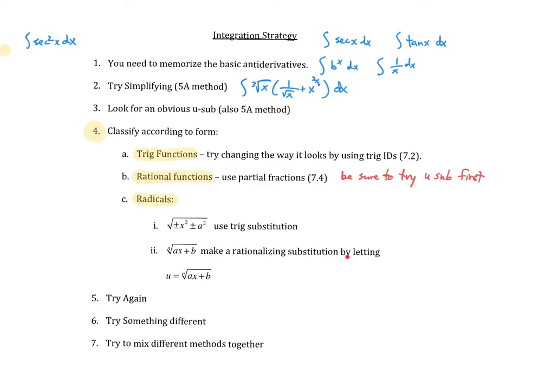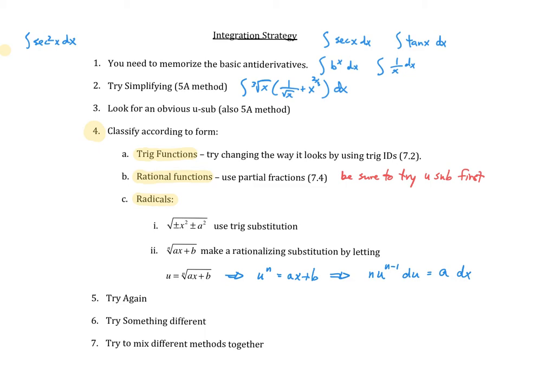The way that we do that is, you would let u be equal to the nth root of ax plus b. So if you did that, then that would mean that u to the n equals ax plus b. And then you would differentiate both sides, right? So you'd have n u to the n minus 1 du equal to a dx.